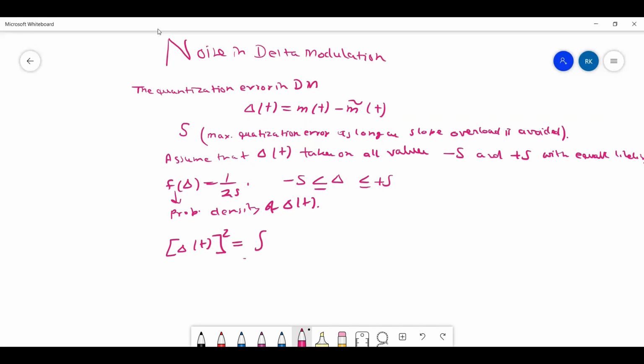And this is, while integrating from minus S to plus S, this quantization error squared multiplied by its probability density and integrated over the limit minus S to S. That is the normalized power of delta t. This is normalized power of quantization error. That's a very important formula.